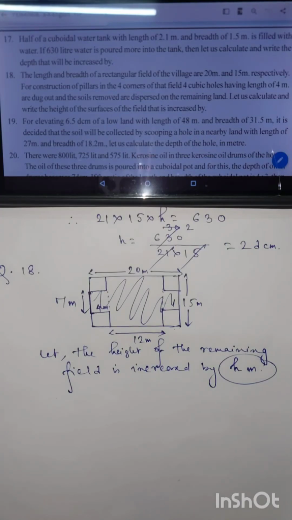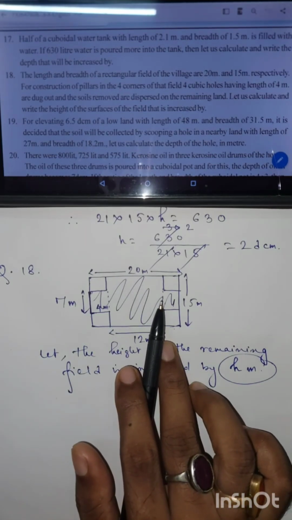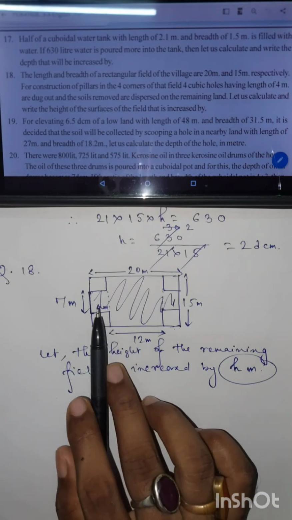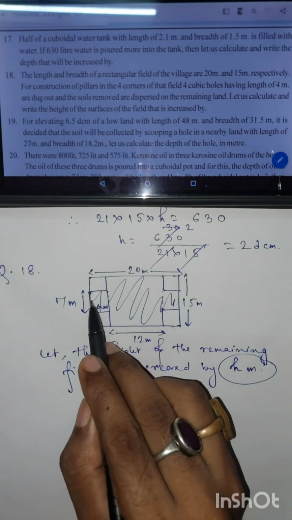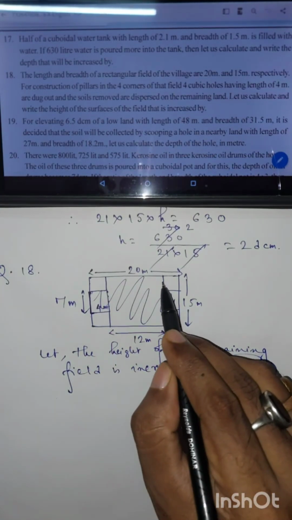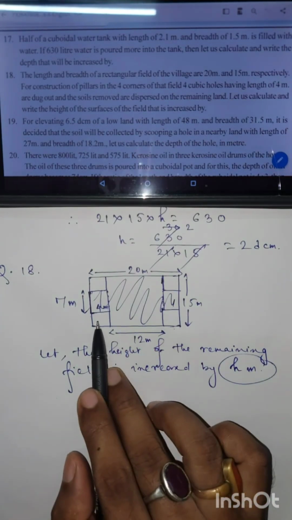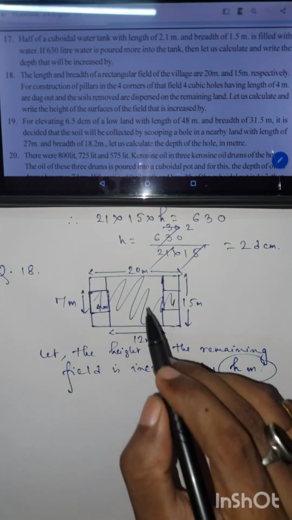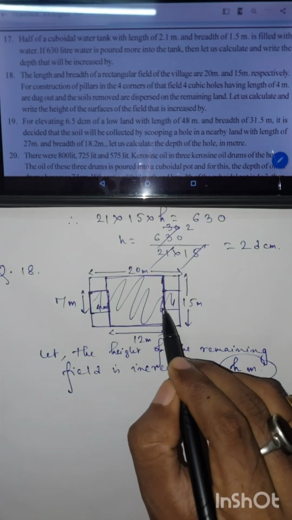So we can divide the whole field into three parts. This is part 1, this is part 2, and this is part 3. These 4 holes are not being used. So this is our part 1, this is our part 2, and this is our part 3.